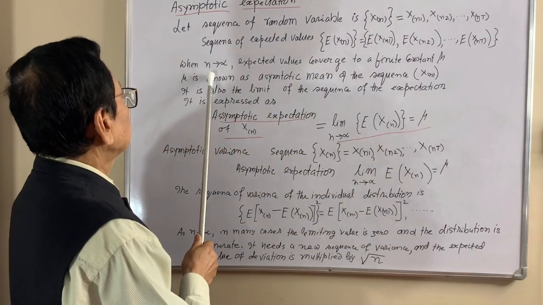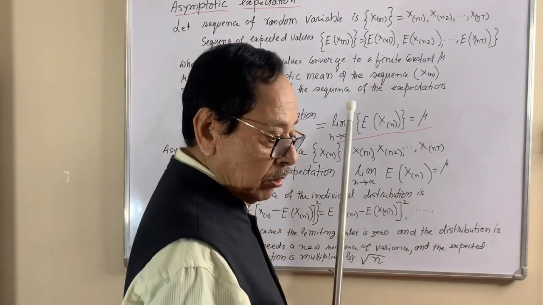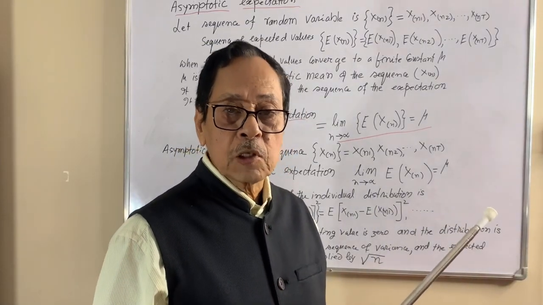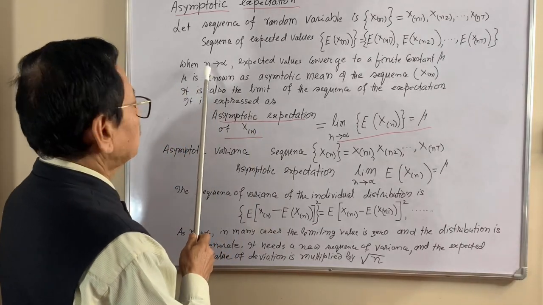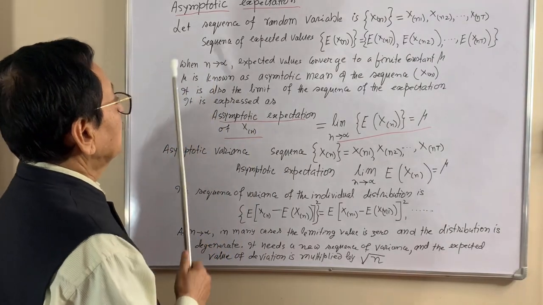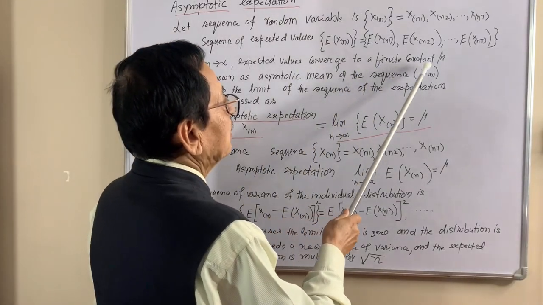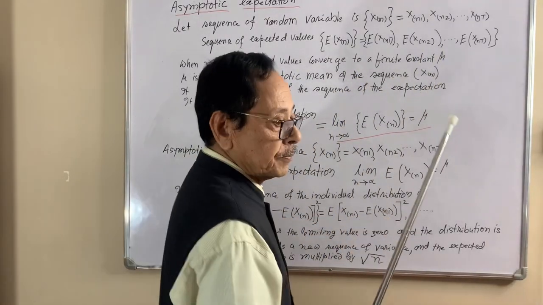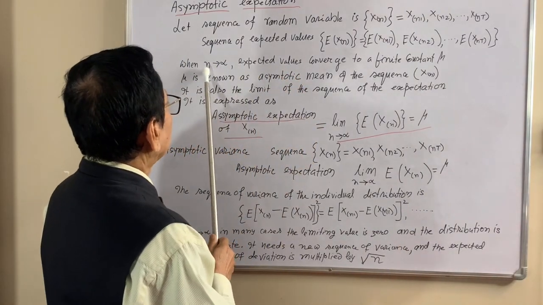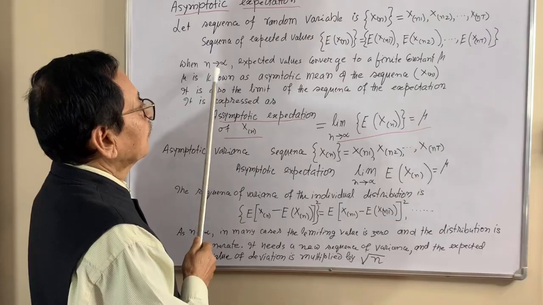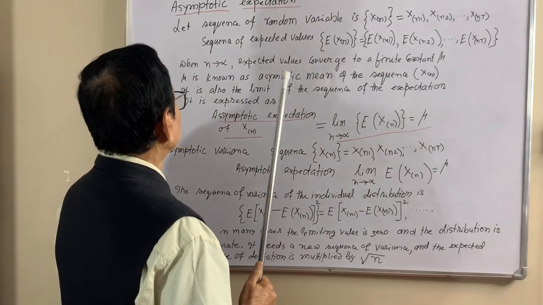Now, when n tends to infinity, suppose n is very, very large, we have already discussed for small samples, and this is for a large sample. So when the sample size is very large, tending to infinity, then the expected values converge to a finite constant mu.